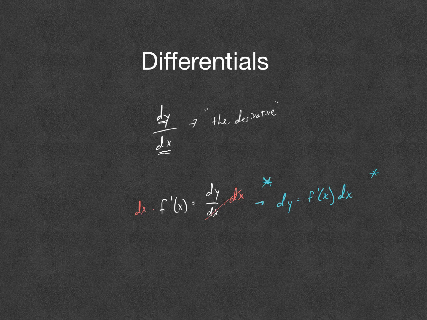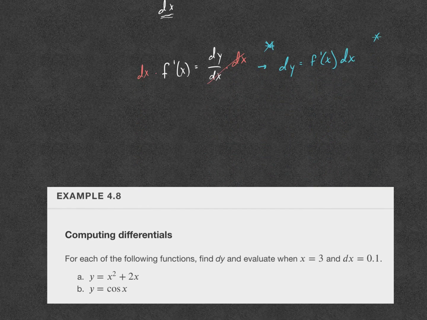Like if I'm blowing up this balloon, how much does changing the radius by this small amount affect the volume of the balloon? If I change the x by some small amount, how much does that change the y by? And the way that we find that is by multiplying the derivative at that point times that small change in x. So now let's scroll down to an example or two.